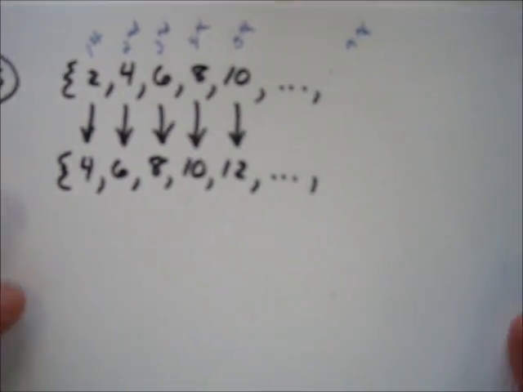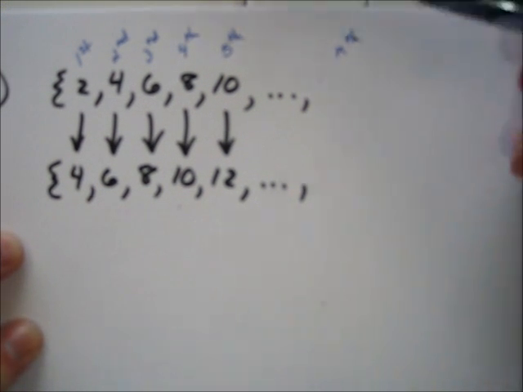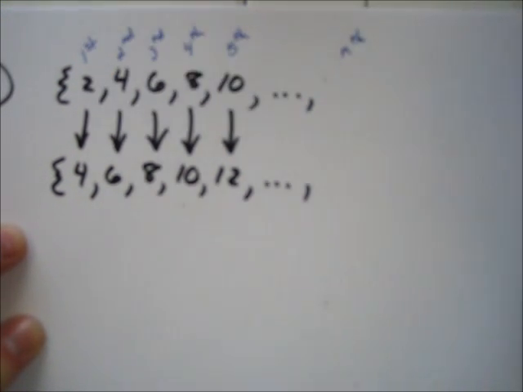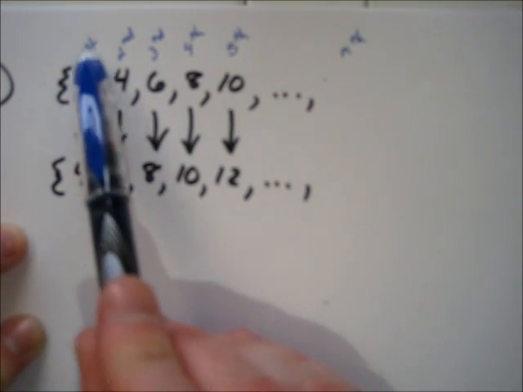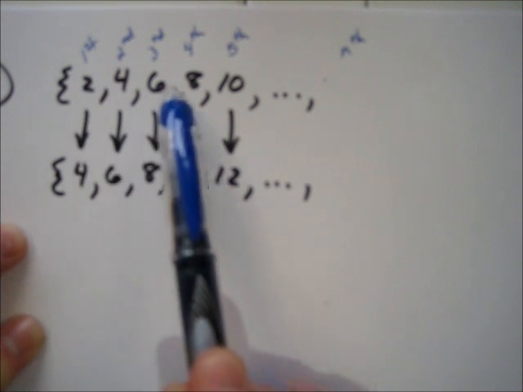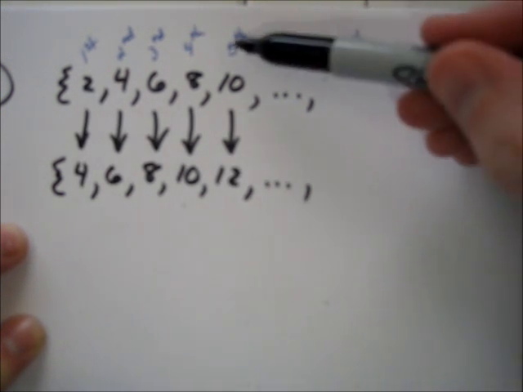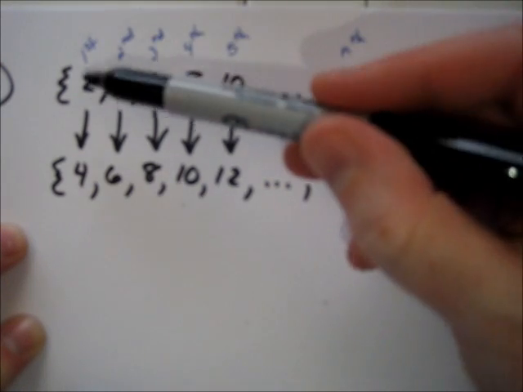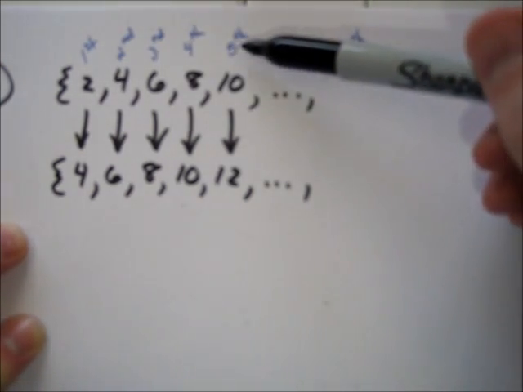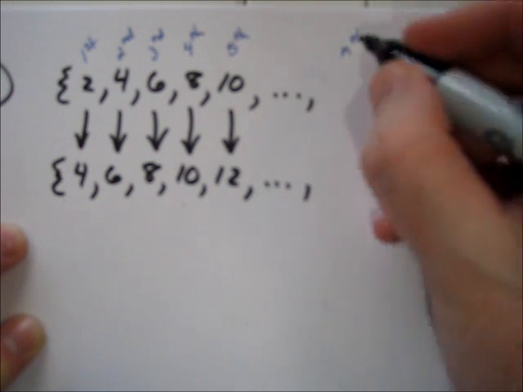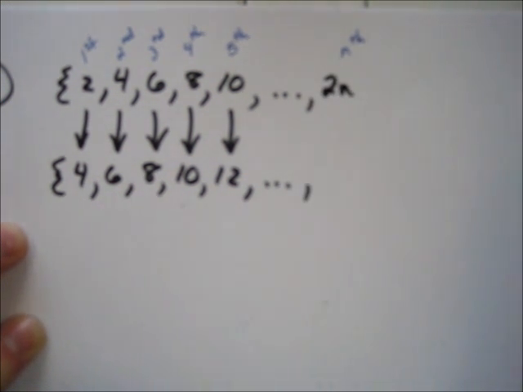So I'm looking at what is the relationship between the 2 with the 1, the 4 with the 2, etc. over here to what expression with n. What do I have to do to the 1, 2, 3, 4, 5 in order to get 2, 4, 6, 8, 10? The answer is I have to multiply by 2, right? 2 times 1 is 2, 2 times 2 is 4, 2 times 3 is 6, 2 times 5 is 10. So the nth term needs to be 2n.